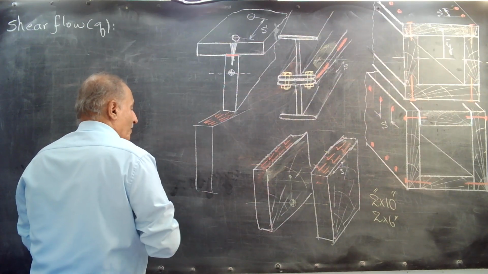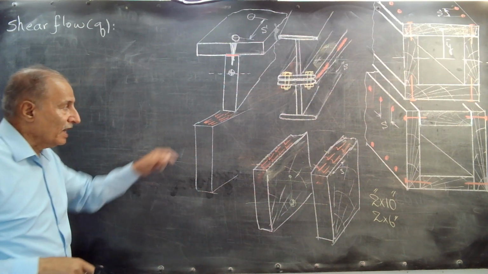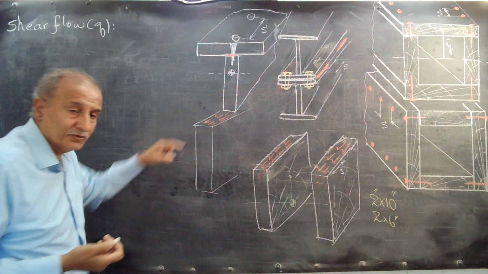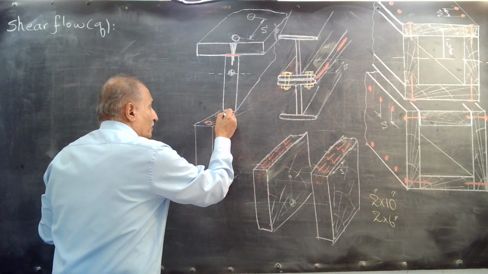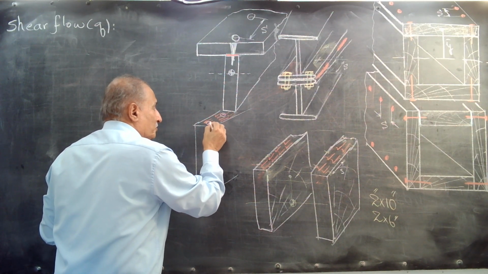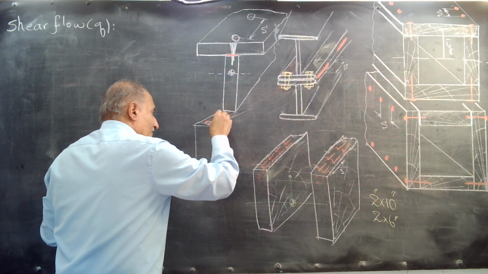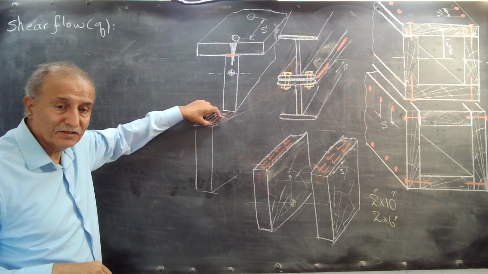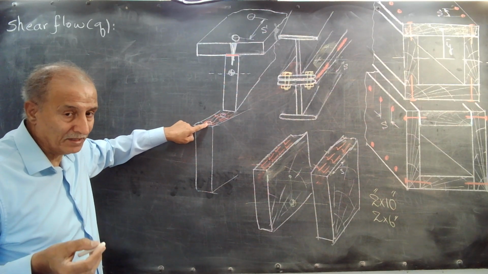And this horizontal shear stress produces a shear force, a horizontal shear force. You know that the resultant is the horizontal shear force. If you consider the nails and the space between these two, in this area, all this horizontal shear stress can be taken by the nail, rivet or fastener.